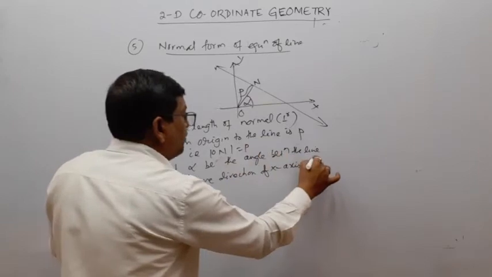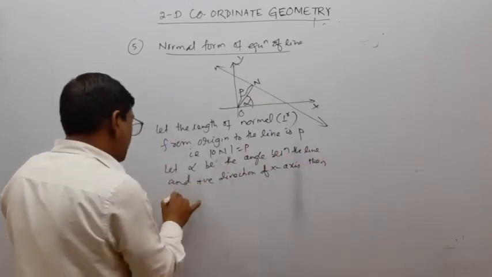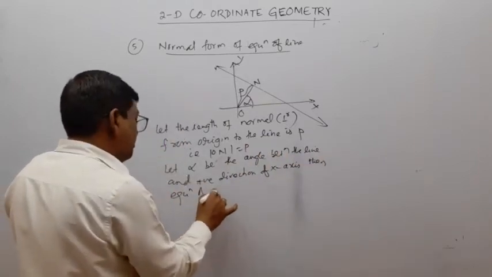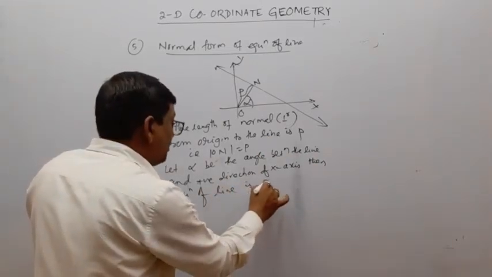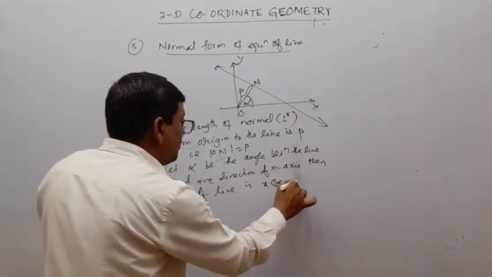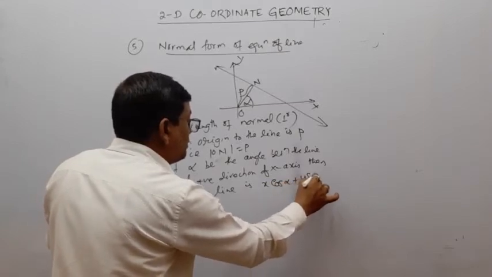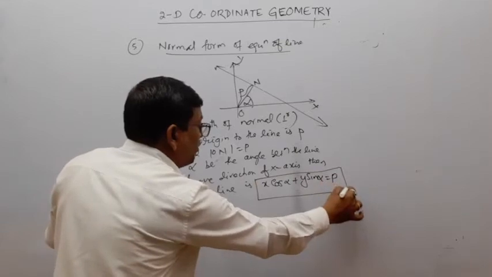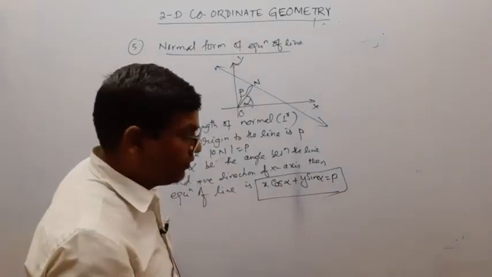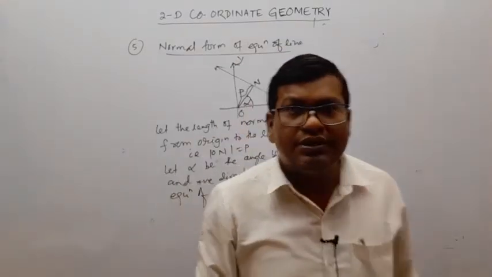Then the equation of the line is x cos alpha plus y sin alpha is equal to p. This is the normal form of the equation of a line. Now how do we prove this equation?